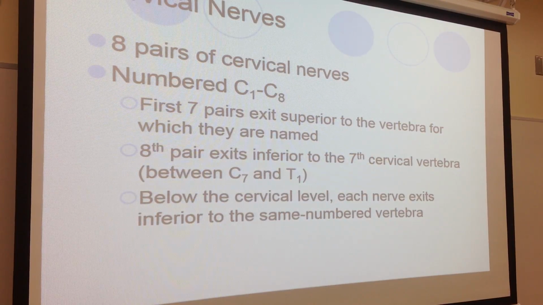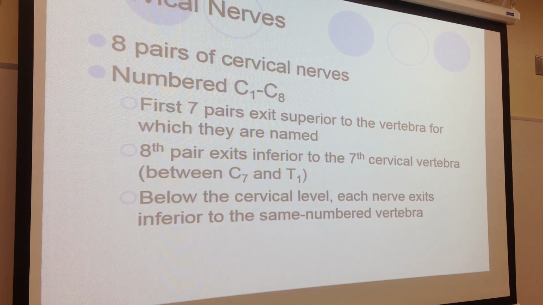When you get down to C7, there will also be a pair of nerves that emerges below or inferior to the C7 vertebra. So the C7 vertebra is a twofer. It's got one above and one below. One pair above and one pair below. That's how you get 8 cervical nerve pairs.